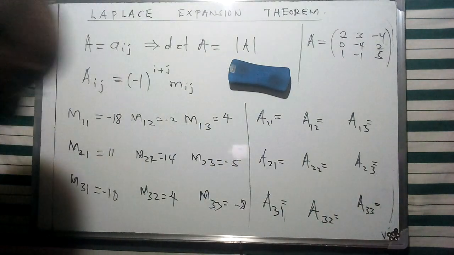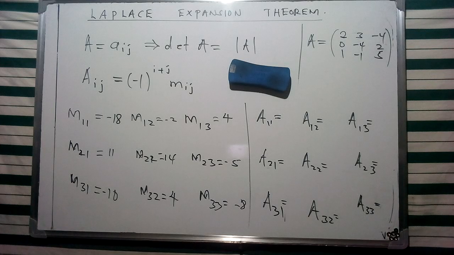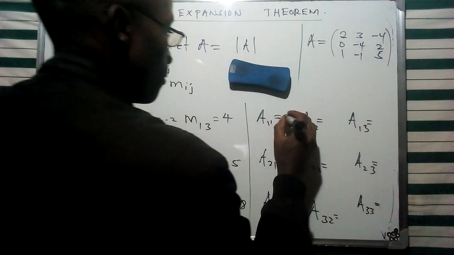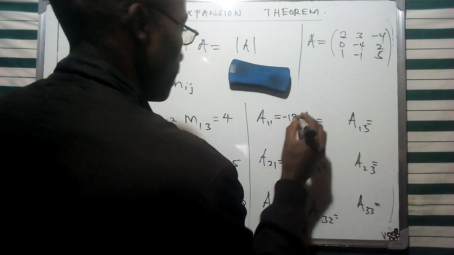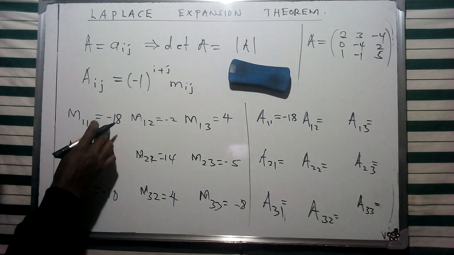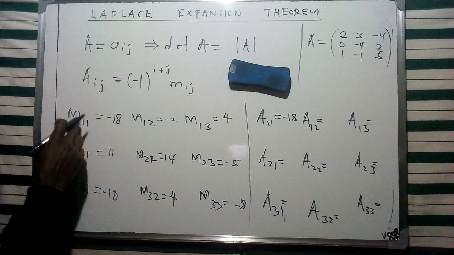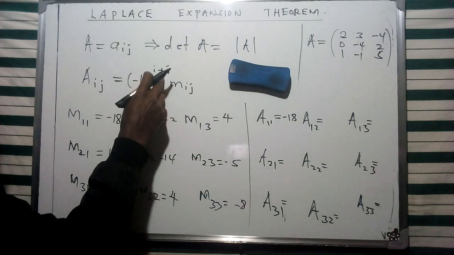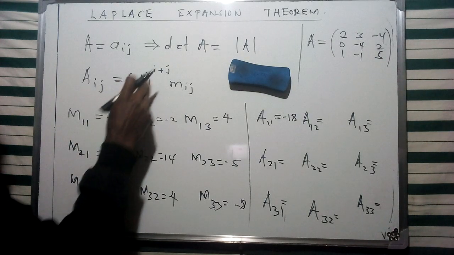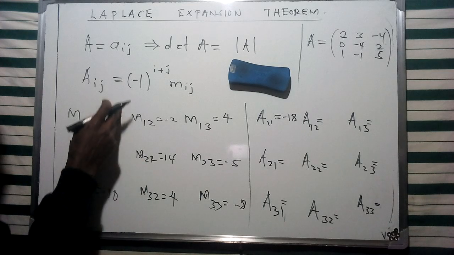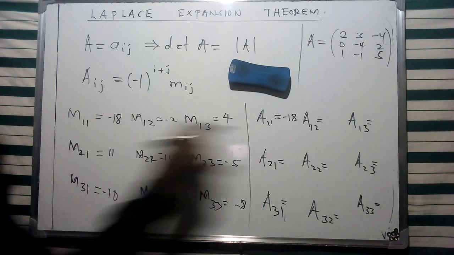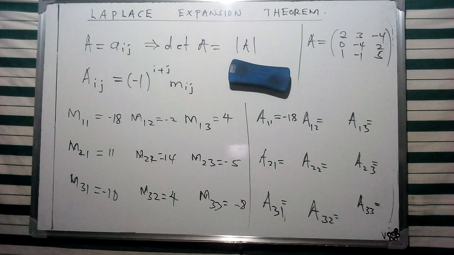If we have negative 18 as a minor, then we're going to have negative 1 raised to power 1 plus 1, which is 2, and negative 1 raised to power 2 is going to be a positive number. Therefore positive 1 times negative 18 is going to give us this specific number, and those are considered in that specific order.